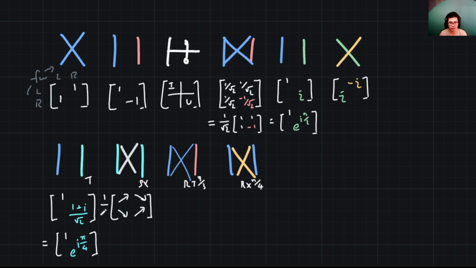And all of them would be multiplied by 1 over root 2 to maintain a property we'll later call unitarity. This up arrow will be 1 plus i halved, and then the other arrow would be 1 minus i halved.